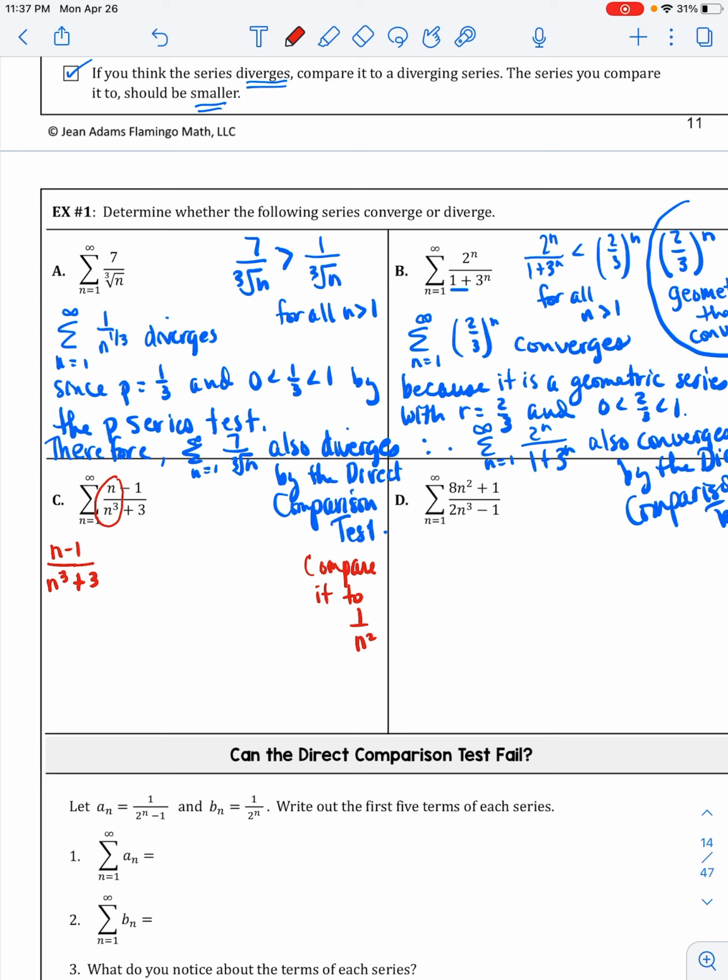And then I had to start thinking about it. My n minus 1 over n cubed plus 3 is going to be less than 1 over n squared for all n greater than 1.